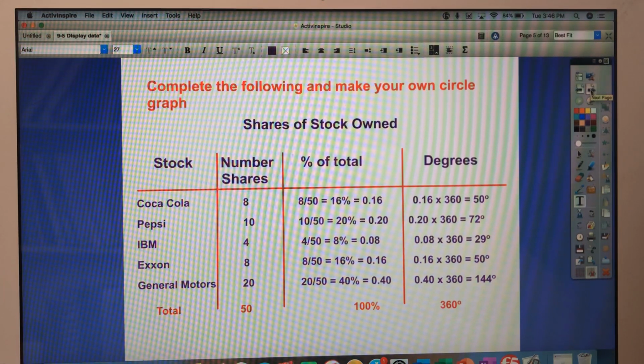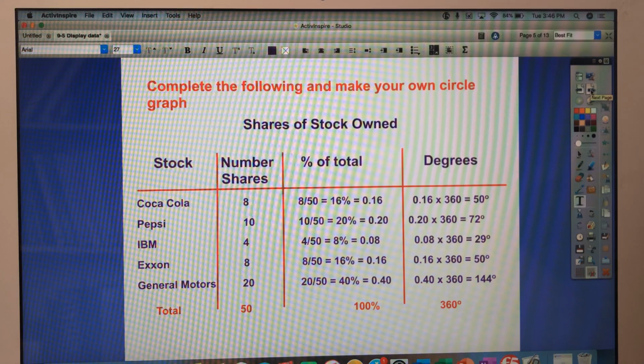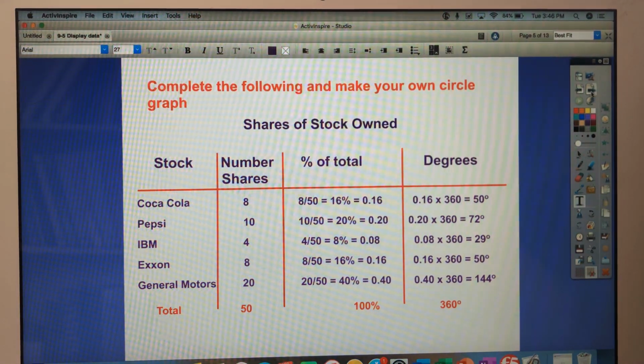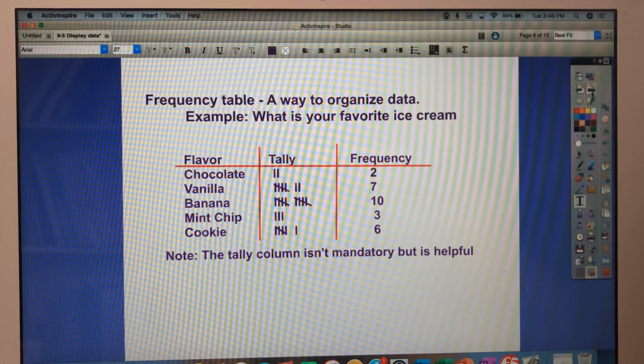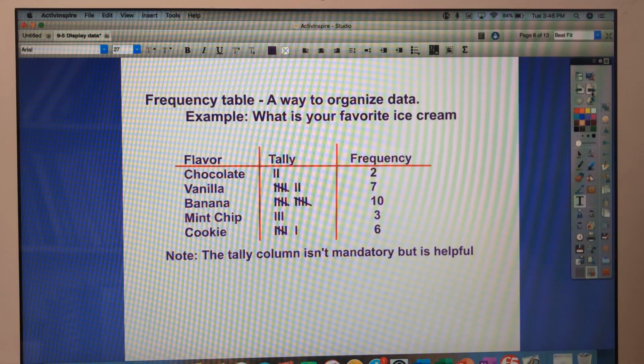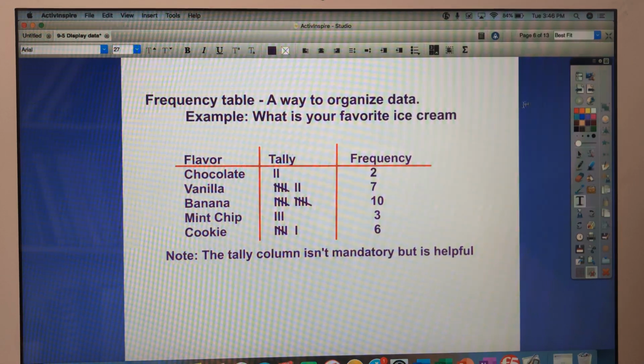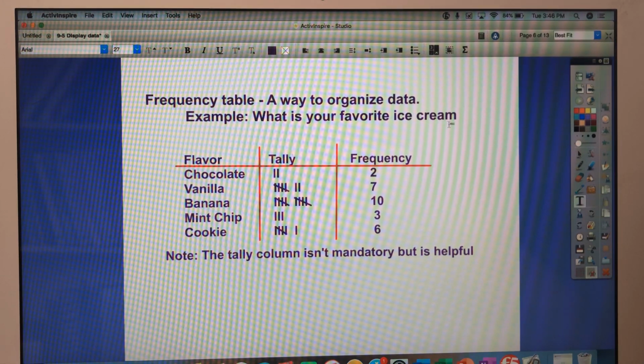So just when we thought circle graphs were hard, things are going to get a little more complicated because here come, oh, my mistake, we're going to be easy, the frequency table, which does lead us into my next type of graph, but sorry, frequency table, a way to organize data.